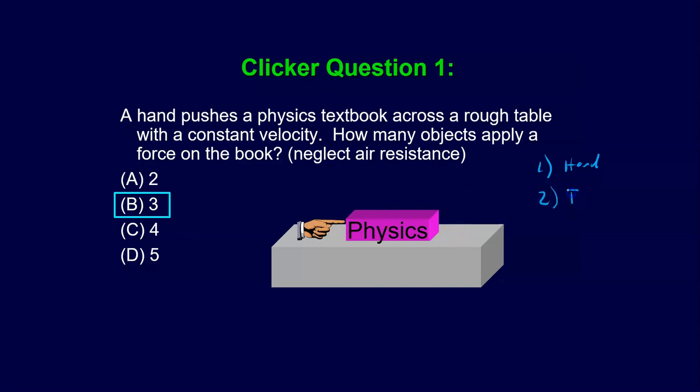The second object would be the table. The table is pushing up on the object. It's also applying a frictional force, which is what this word rough means. That's how physics textbooks like to make you aware that friction is there. And finally, the third object applying a force on this book would be the Earth, which applies a gravitational force. So the first two would be the contact forces, and this one would be the one non-contact force.